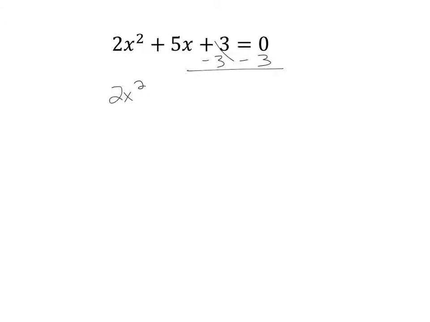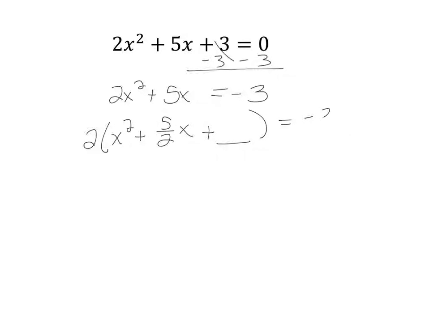So we have 2x squared plus 5x equals negative 3. There's a 2 here and a 2 here, so I need to factor out a 2. When I do that, I get, unfortunately, 5 over 2 there.